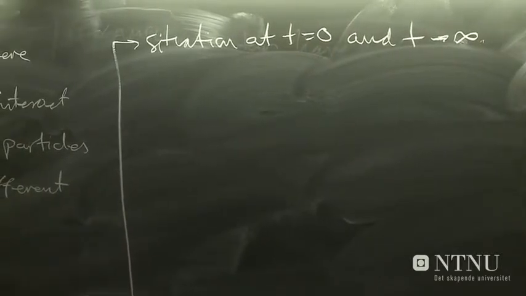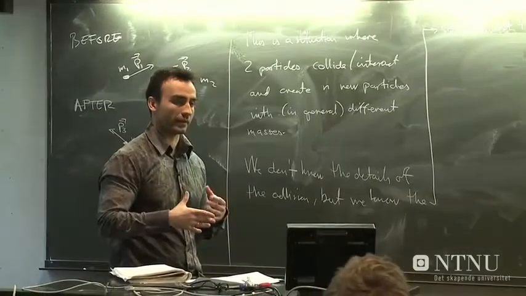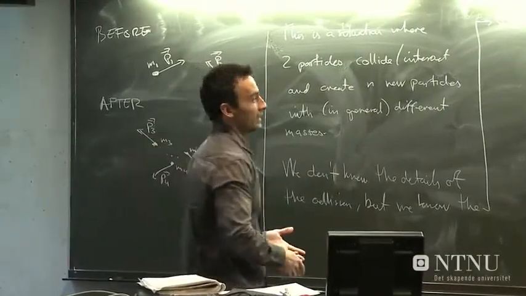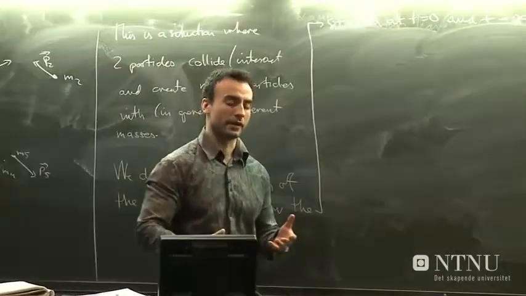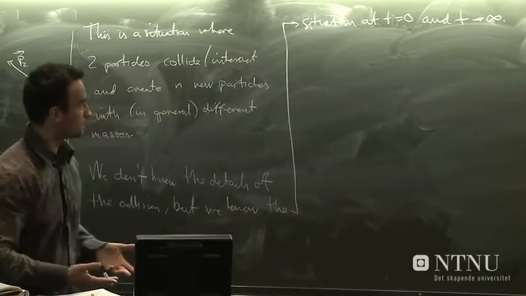So we assume that what we do know is what happens at t equals 0, which we define as right before the collision, and at t goes to infinity, which we define as a sufficiently long time after the collision.